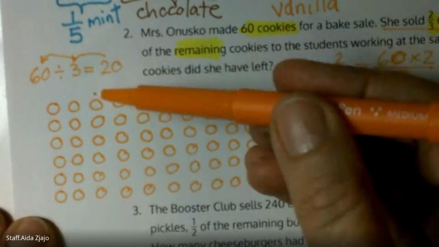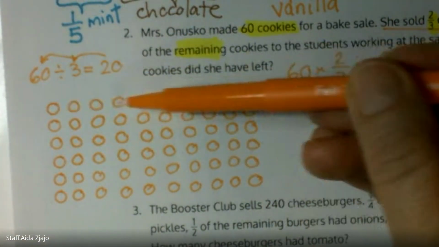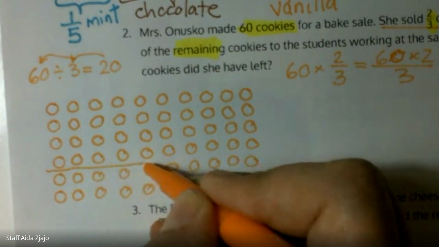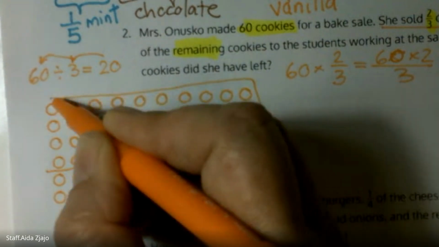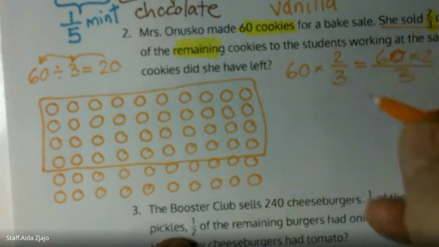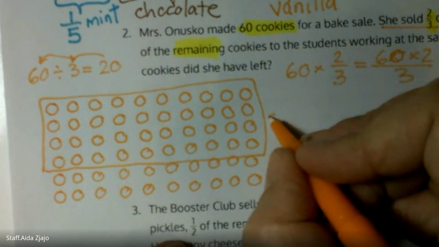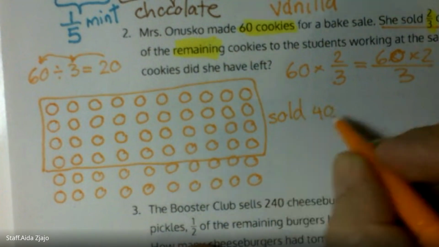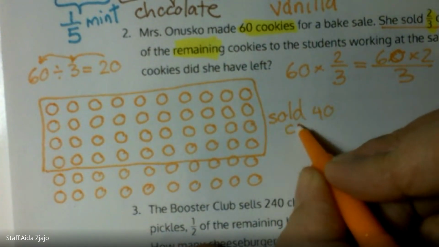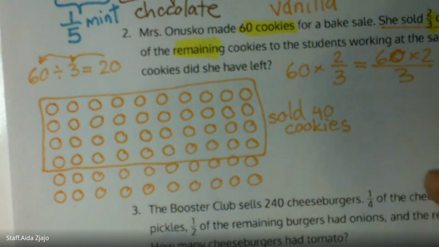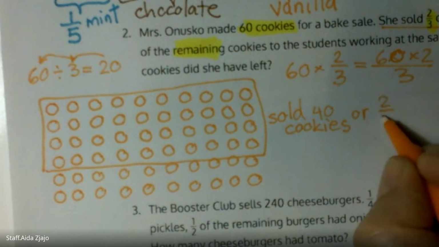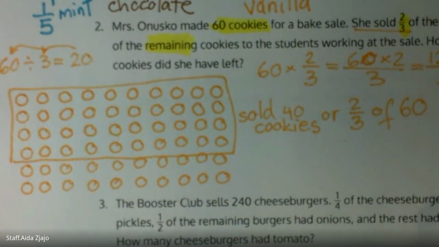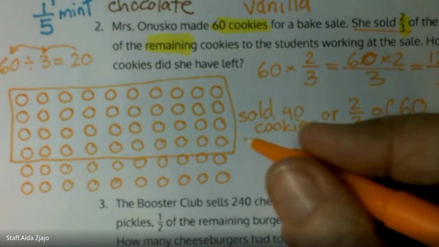And then we can see that if we go 10, 20, 30, 40, this here, she already sold. So she sold 40 cookies, or 2/3 of 60. So that is this part.